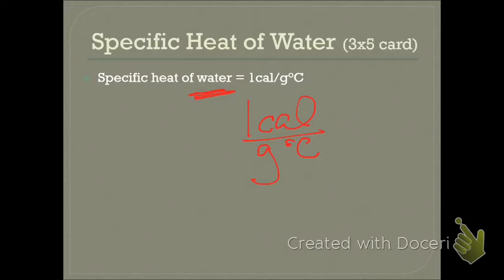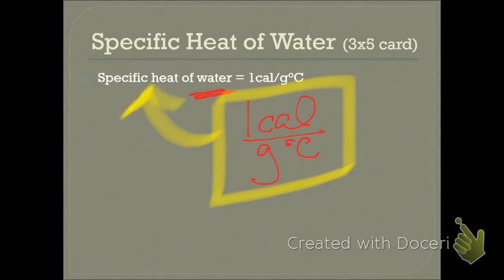This is the unit for specific heat, and this is the value for the specific heat of water. The unit is calorie per gram degree Celsius, but when we look at water, since we use it as a calibrator, we know it's 1 calorie per gram degree Celsius for water.